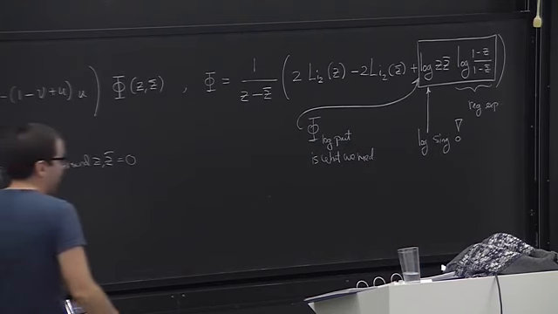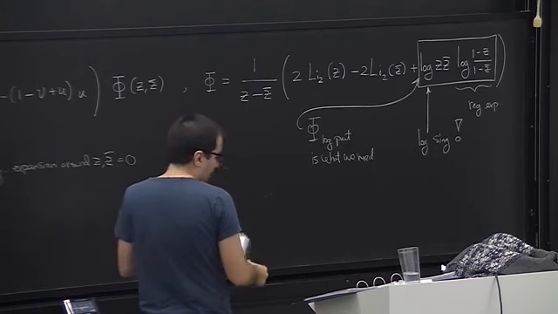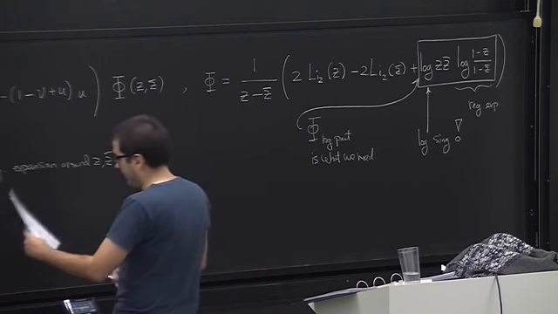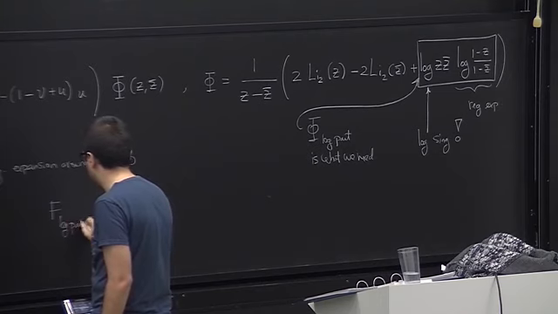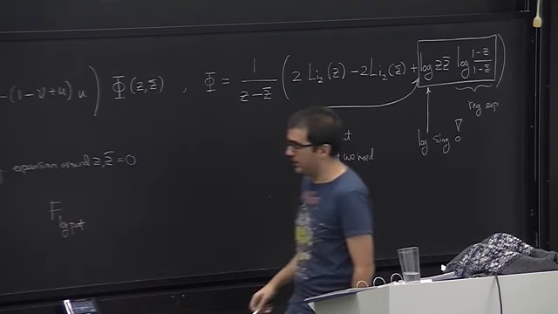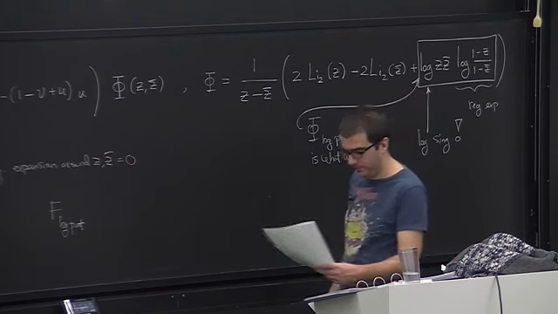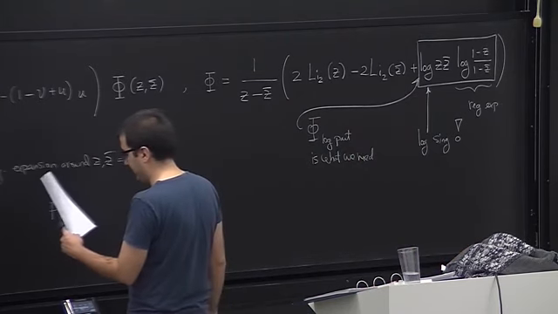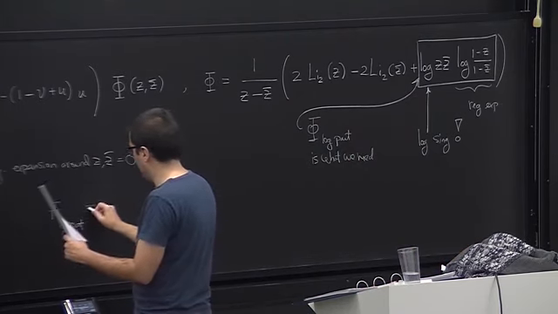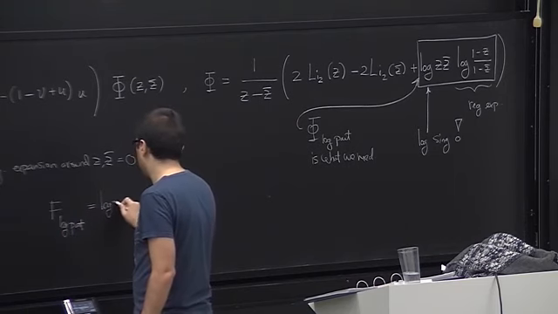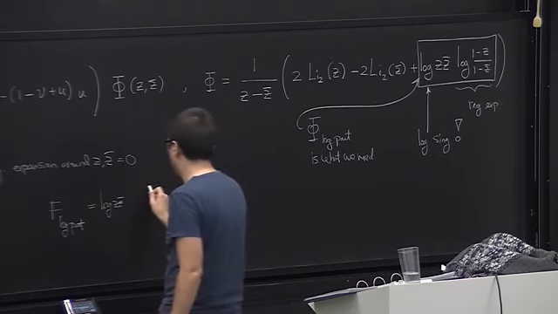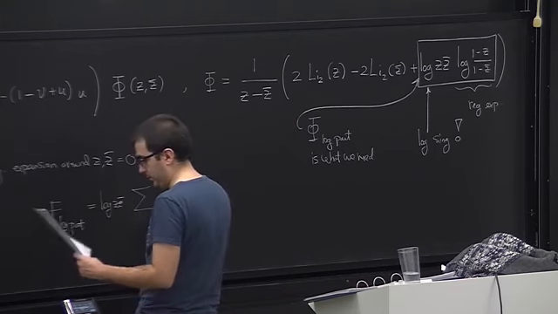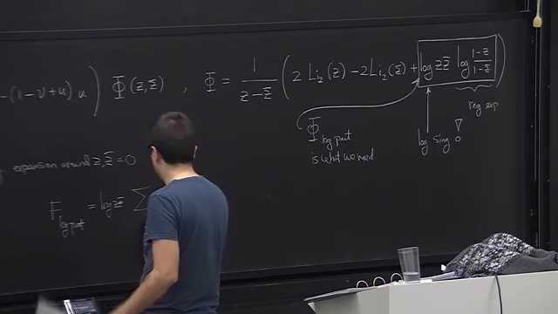Very good. So we expand that. And when you expand that, you get the following. You get that f, if you just keep the log part, the part that is proportional explicitly to log z times log z bar, is equal to log z bar times the following, times the sum over s.